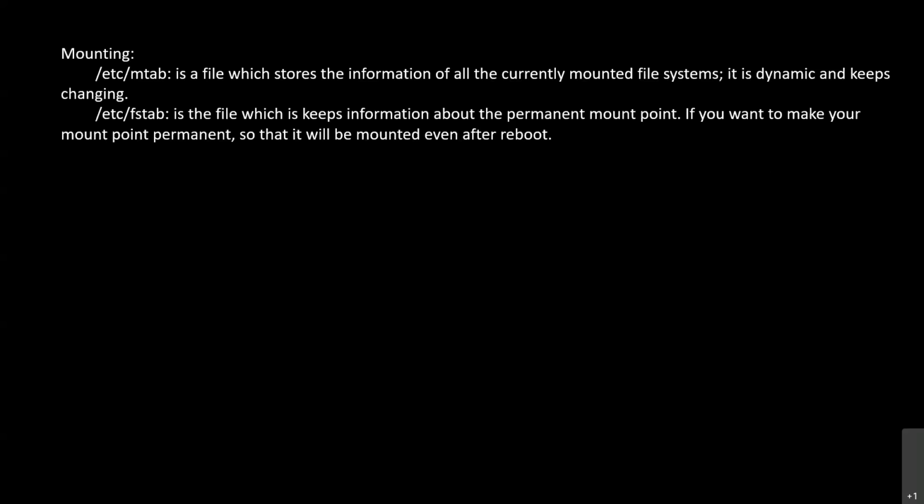For example, if any temporary mountings are there, then those mounting details will be stored in /etc/mtab. And /etc/fstab is the file which keeps information about the permanent mount points. If you want to make your mount point permanent so that it will be mounted even after reboot.